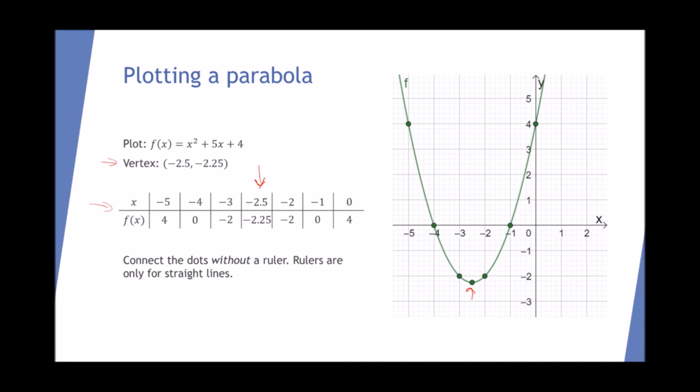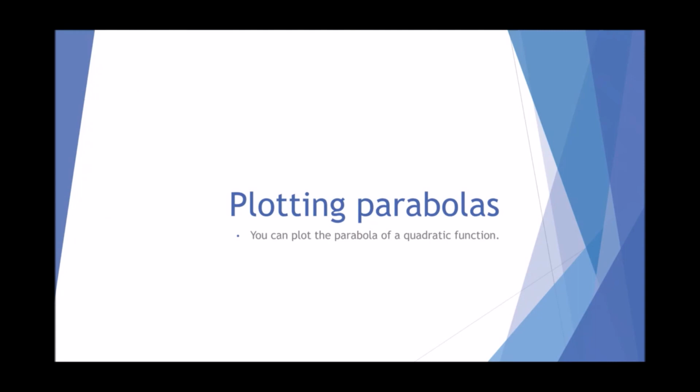We plot our points and we end by connecting them. So that is all there is to plotting parabolas. I hope this helped you in your ability to plot some parabolas, and now let's go ahead and try it out.